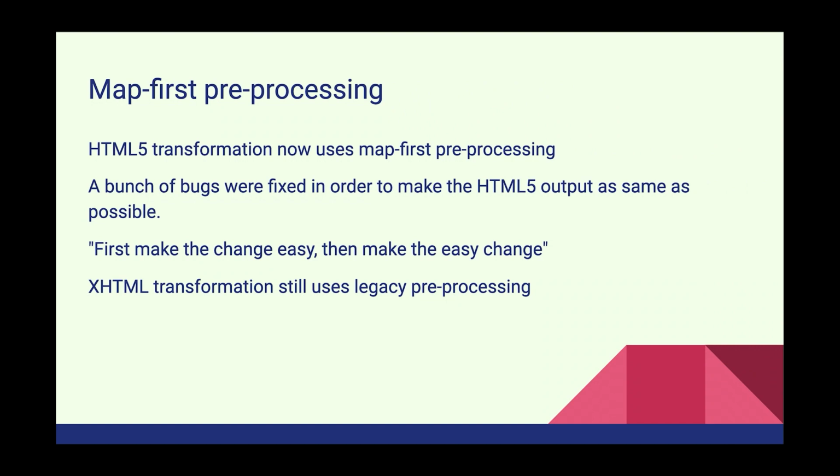And if they ever update to a newer version, we sort of hope that we don't introduce new bugs as they move, and this is sort of a safe bet, I think. There's a possibility that at some point we'll just move everything to map first pre-processing and completely deprecate the old one.